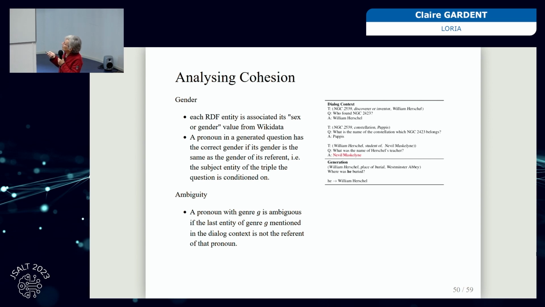He is intended to refer to William Herschel, but the previous noun phrase of the same gender, that was a male, is not actually the expected antecedent. So this is what we would call a case of an ambiguous pronoun. The context does not lead to the intended referent.